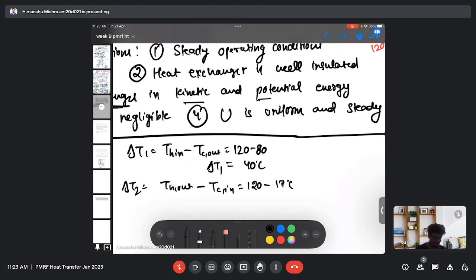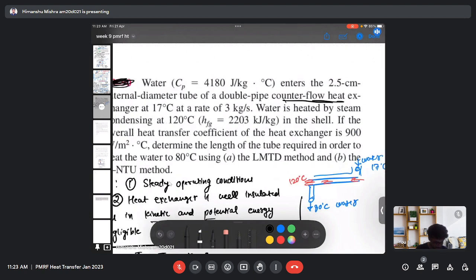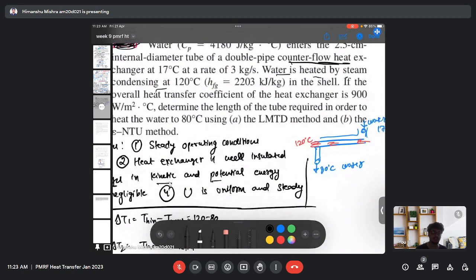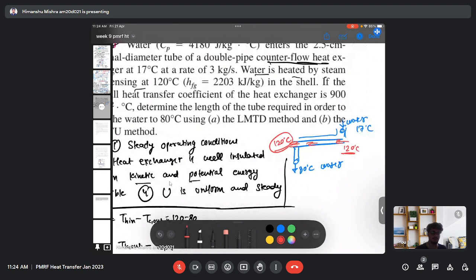So in the problem we have given that there is an evaporation. So water is converted into steam by condensation here. During evaporation or condensation, the temperature remains constant because the fluid releases the latent heat, and the process takes place at constant temperature. So my hot fluid temperature will be 120 at inlet as well as at outlet, but my cold fluid temperature will be changing.